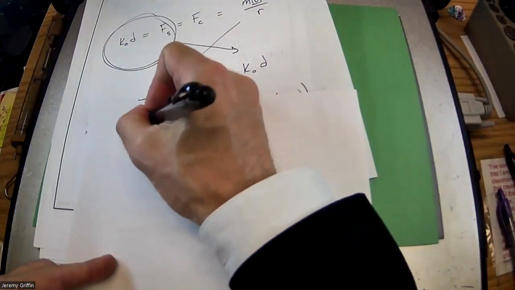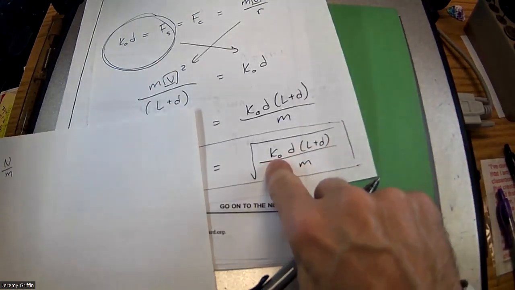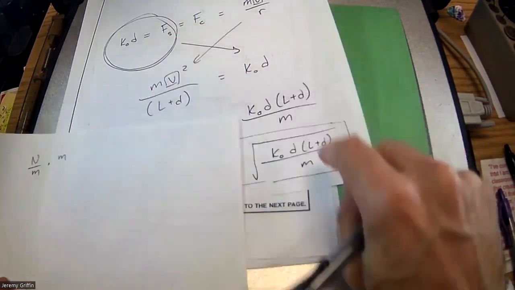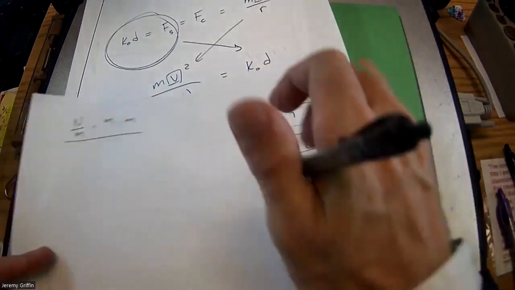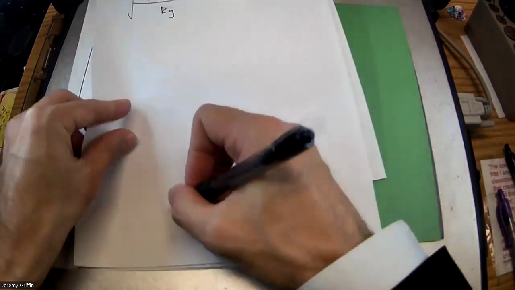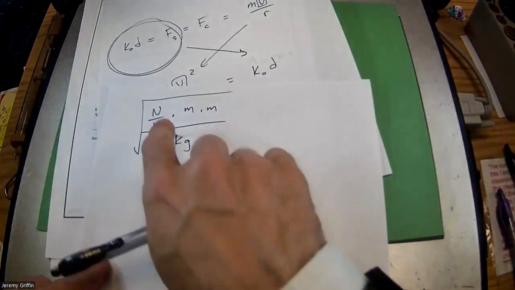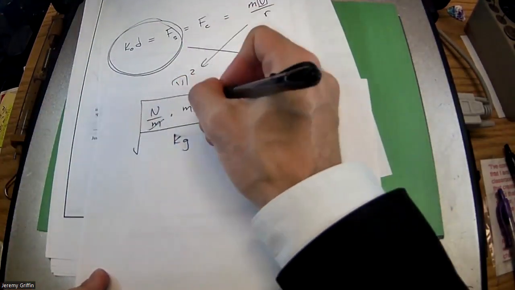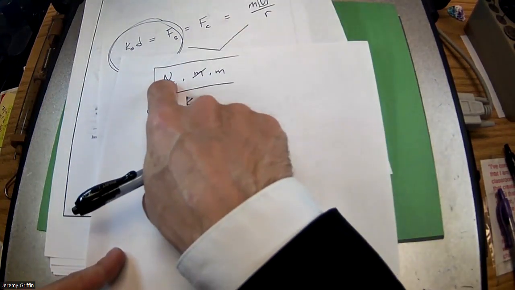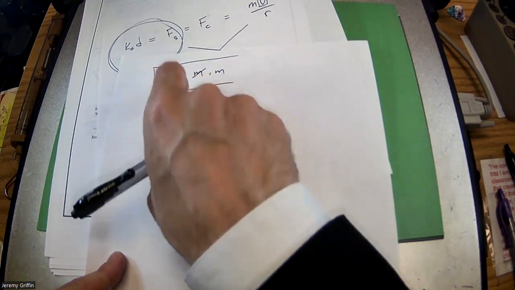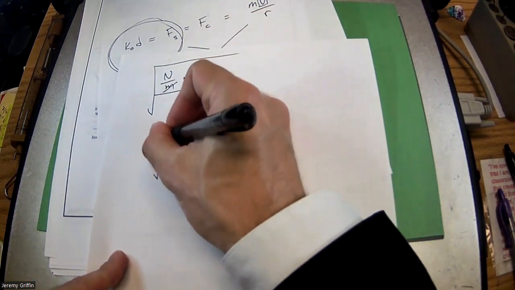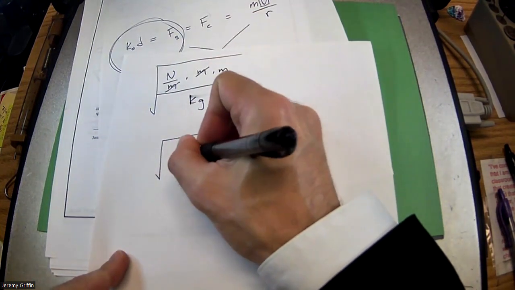Okay, newton per meter is spring constant. Distance is in meters. L plus D is also in meters. Mass is in kilograms. And this whole thing is square rooted. So meters and meters are going to cancel. Guys, newton, what is newton per kilogram? Isn't that meter per second squared?